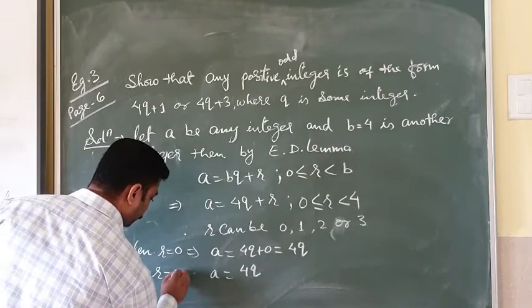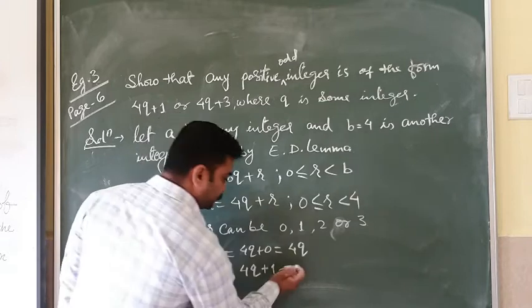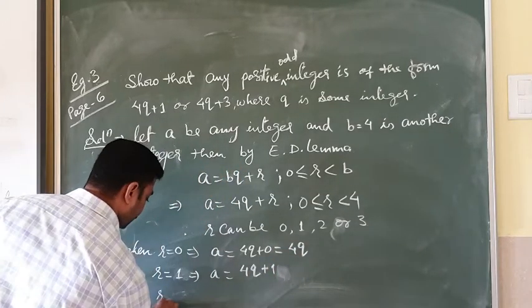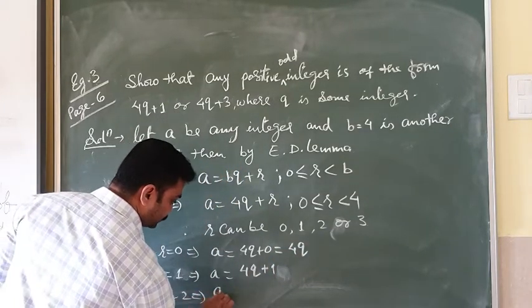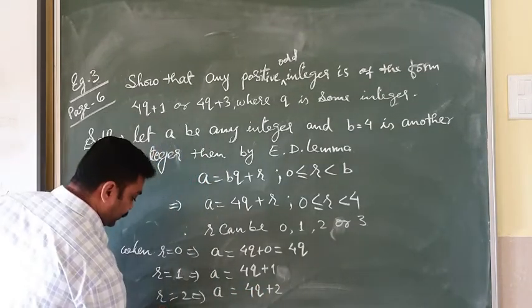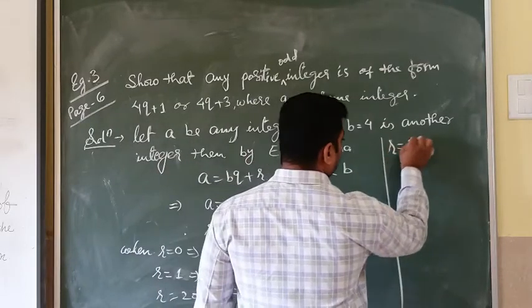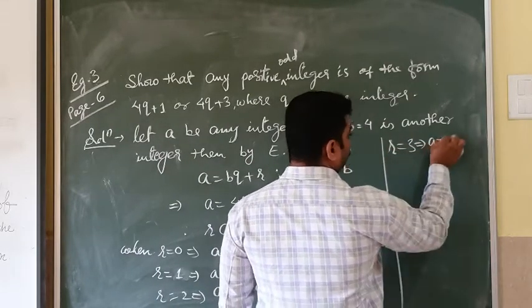When r is equal to 1, this implies a is equal to 4q plus 1. When r is equal to 2, this implies a is equal to 4q plus 2. And when r is equal to 3, this implies a is equal to 4q plus 3.